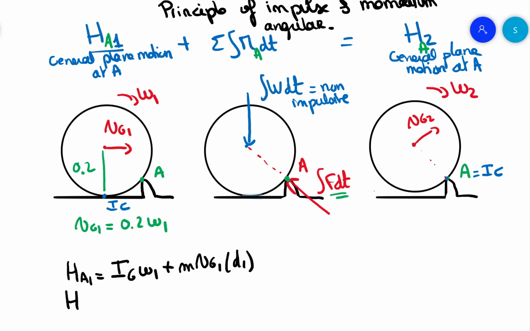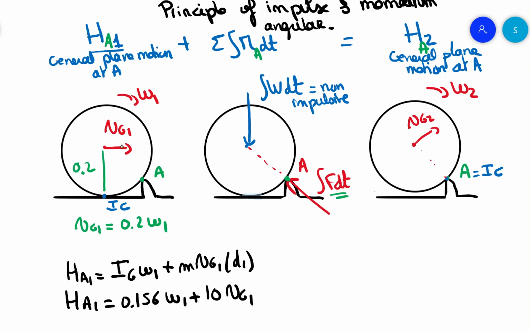So HA1 is equal to IG omega 1. We know it was 0.156 omega 1 plus the mass. Oh, I forgot to write the mass. The mass is 10 kilogram, plus 10 kilogram times VG1. And what about D1?